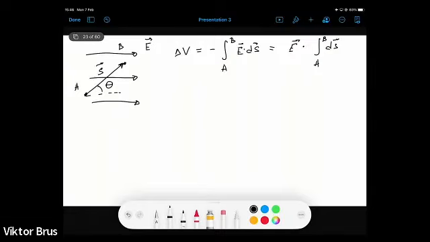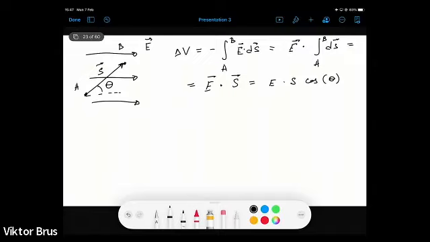This integral will also give us a vector, and that will be E vector scalar product capital S vector, which is the displacement vector between points A and B. So that in its turn will be equal to electric field, now not vector, just magnitude, times magnitude of the displacement vector times cosine of this angle theta between the electric field vector and displacement vector.